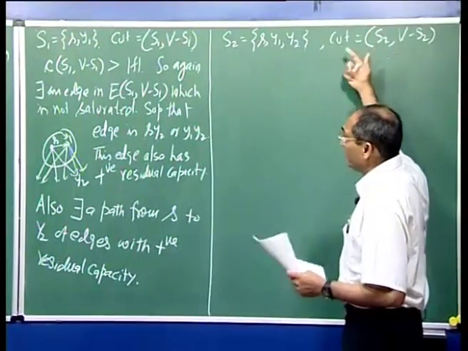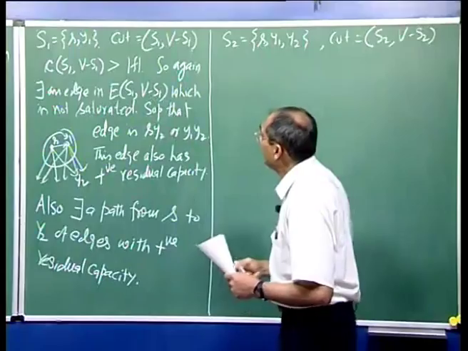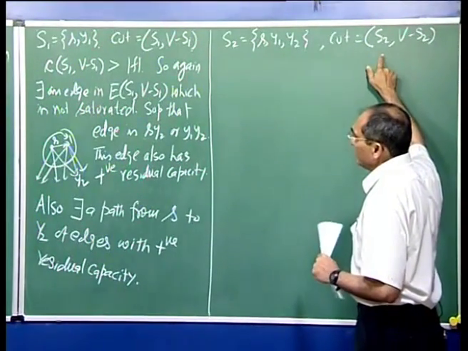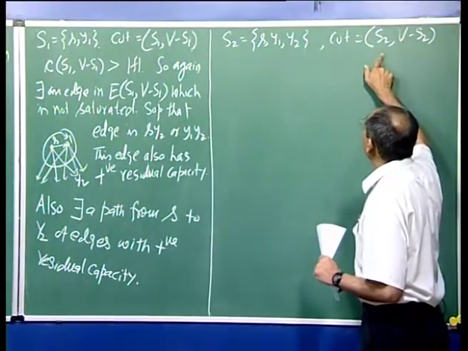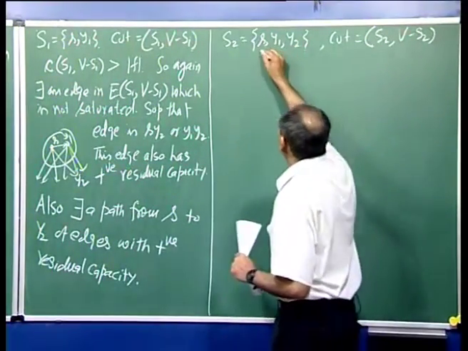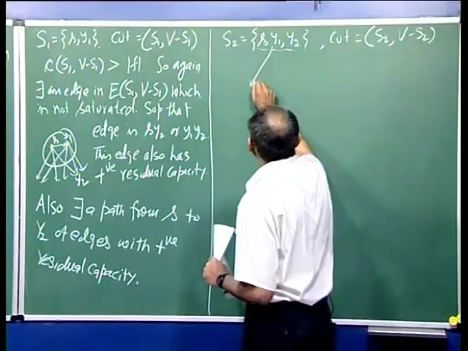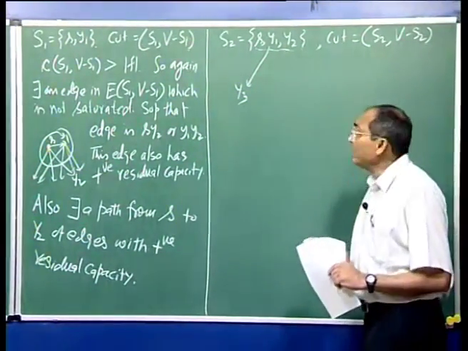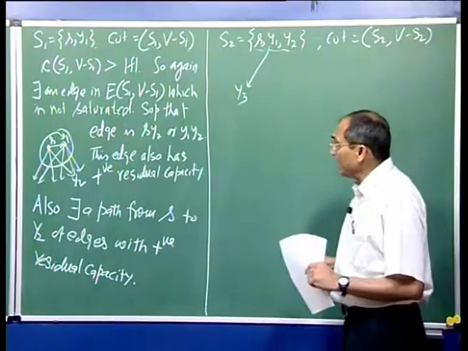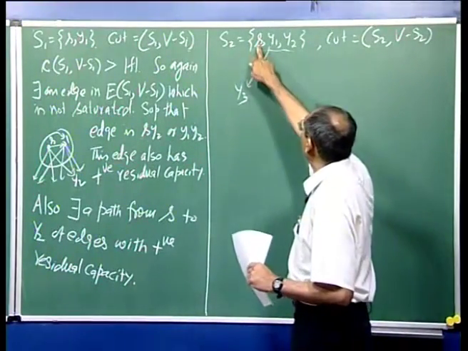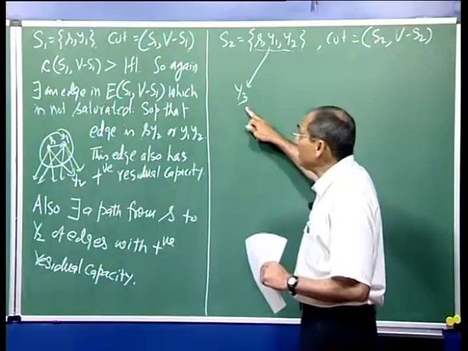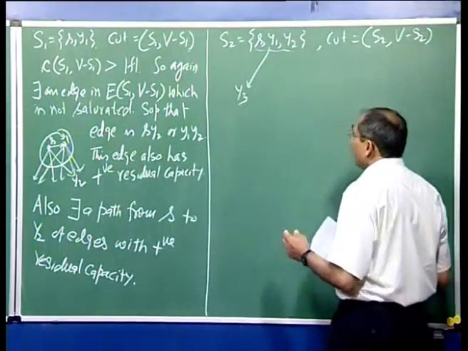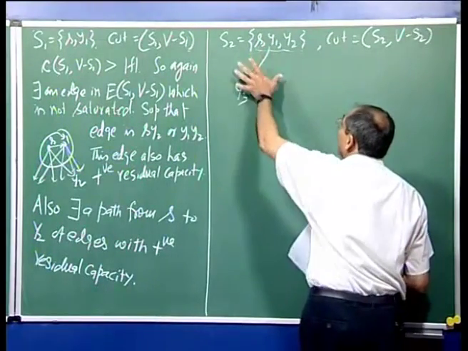Once again we will argue that the capacity of this cut is strictly greater than the flow, and hence again there is an edge from this set out to some Y3, and the residual capacity is positive. Once again I will be able to argue that there is a path from S to Y3 with each edge having positive residual capacity, because if it starts from S, then that is the edge.